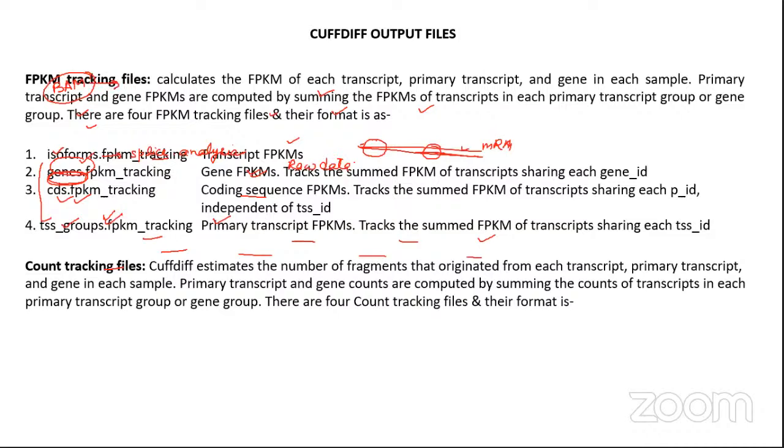This BAM file can be used for variant analysis. If someone is interested to know the variants in your transcripts, this BAM file can be used, and there is a pipeline called GATK pipeline. One can use the GATK pipeline for variant analysis. So now let us look at the differential expression.